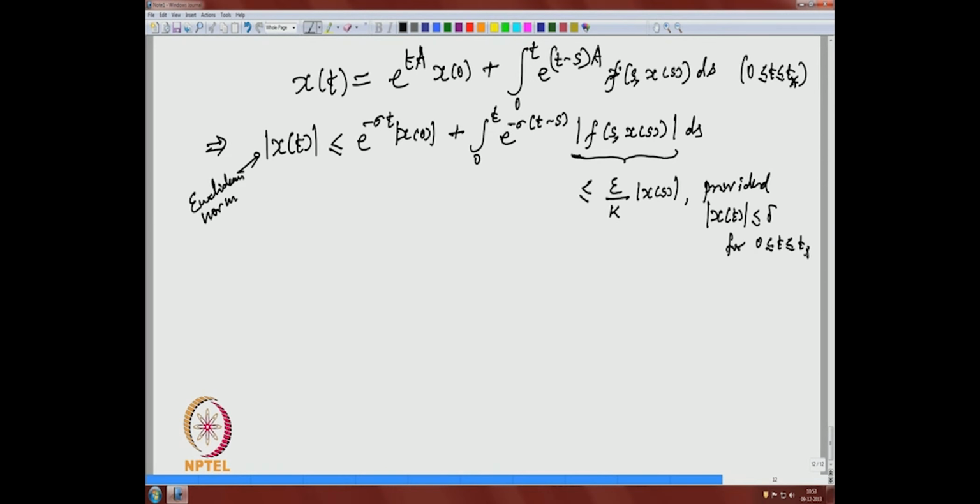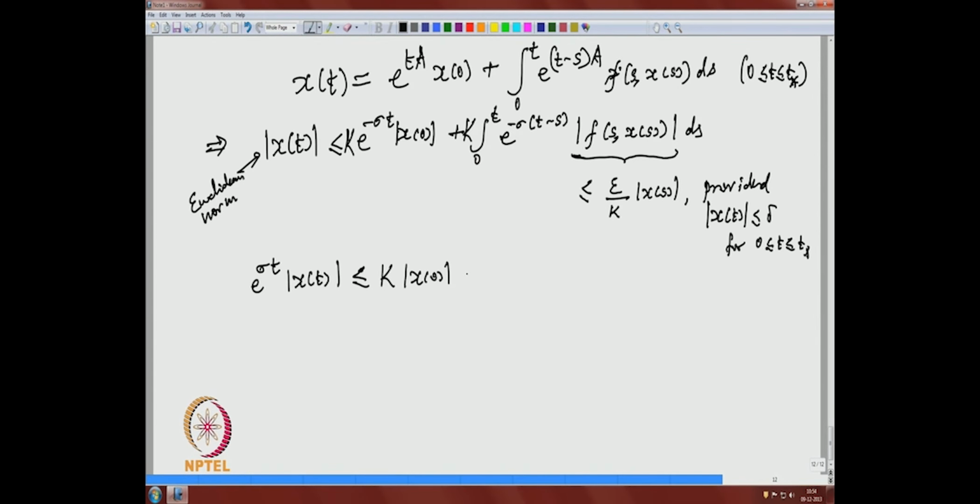I will show that. Okay. So, if you now put all these things together in this inequality, what I get is e to the sigma t, I take that to this side, less than or equal to... So, there is a k here, there is a k here. So, that is k x 0. So, this k cancels.